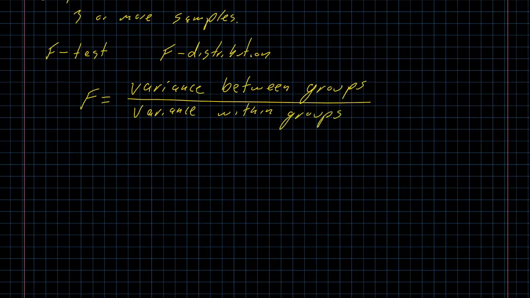The calculation for F is given as the variance between groups divided by the variance within groups. And if that doesn't make any sense to you right now, that's okay. We're going to build up to it. But I wanted to lead off with that along with some notation.